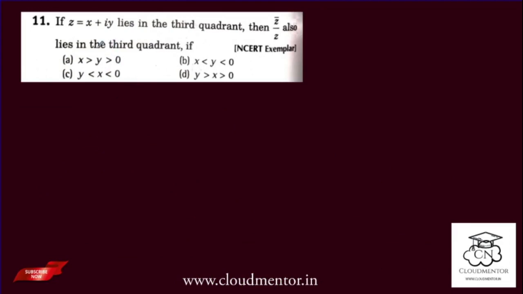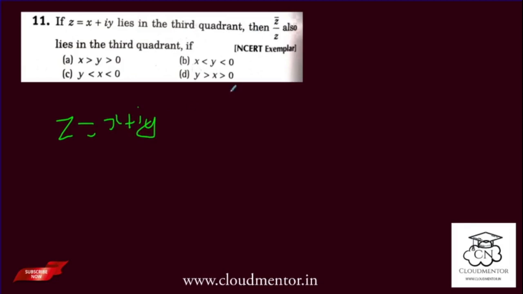If z equal to x plus iy lies in the third quadrant, then conjugate of z by z also lies in the third quadrant under which of the following conditions? Here z equal to x plus iy, right?